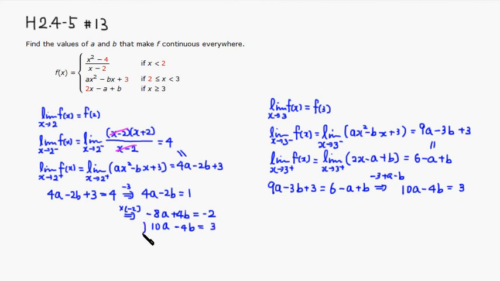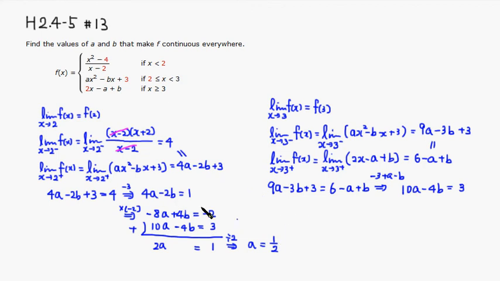Alright, so let's add them up. If you add them up, you get 2a. So here's the key, 4b minus 4b cancel out. Then that's going to be equal to negative 2 plus 3, which is 1. So we can simply divide through by 2 to find the a value. The a value is 1/2. Then we can just plug this back in here.